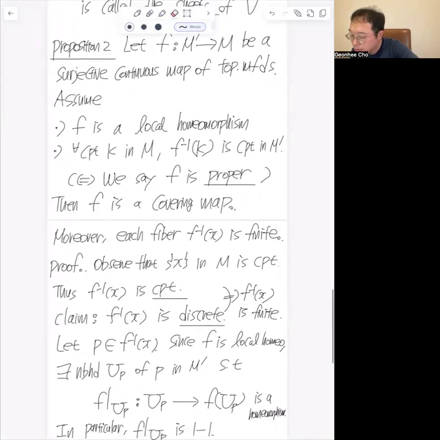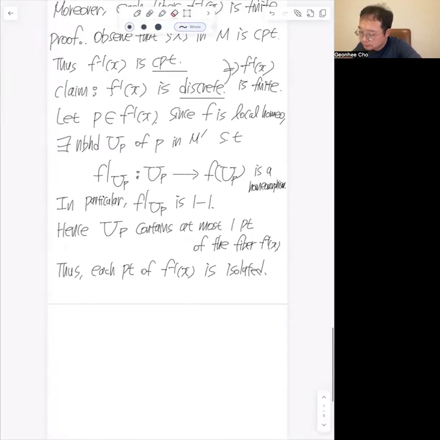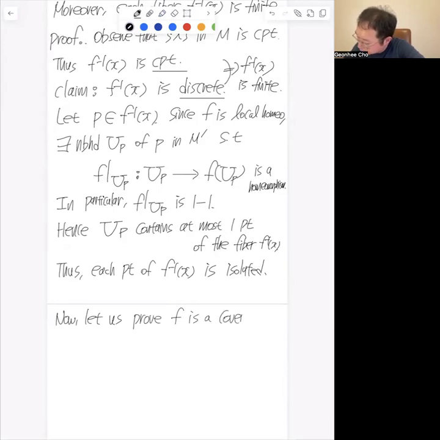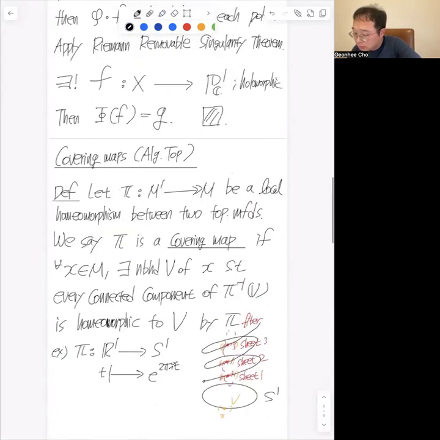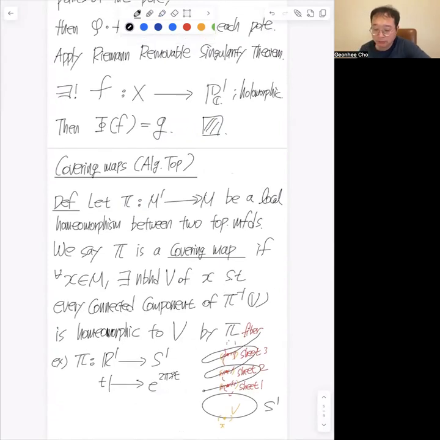So now we need to prove F is a covering map. What we know is the definition of a covering map.